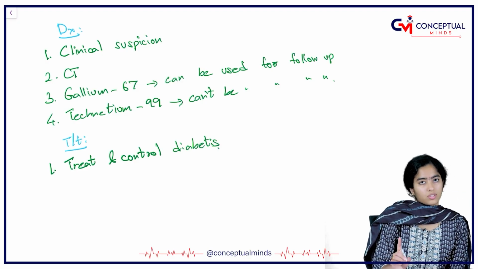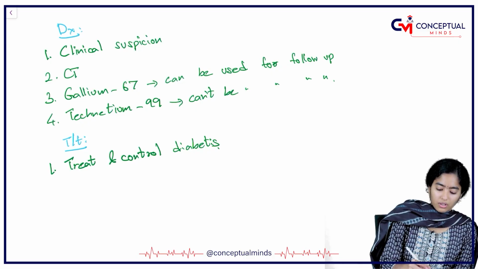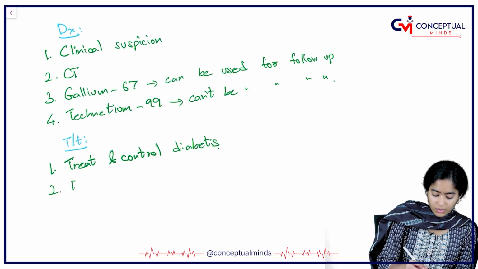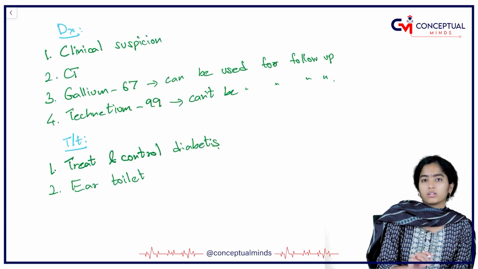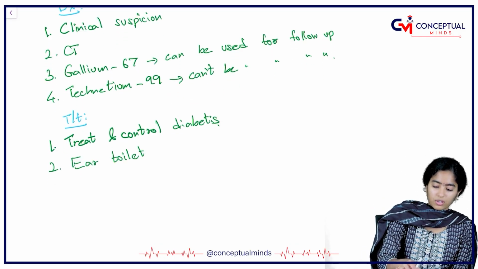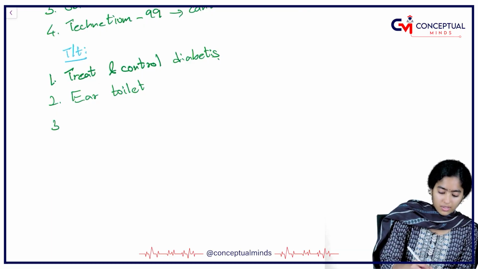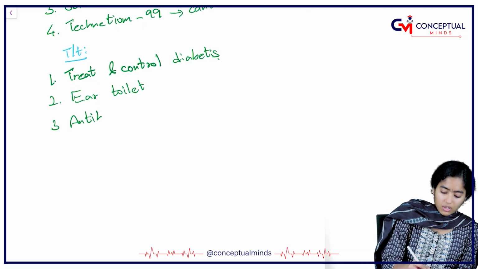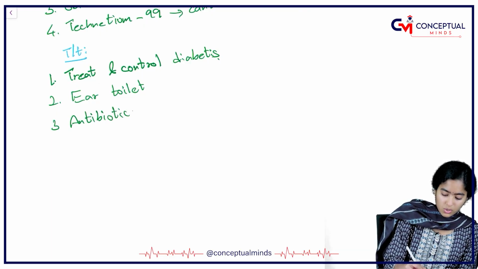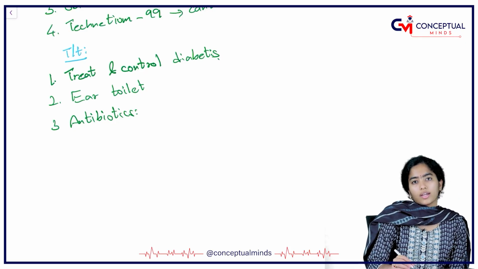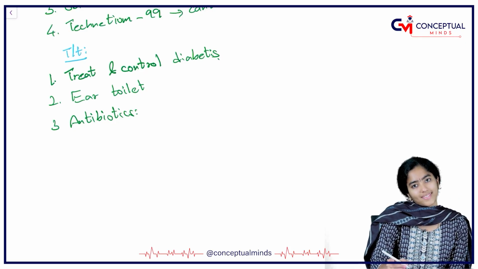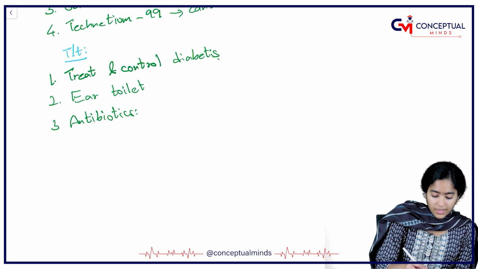That is the first thing that we have to do. And just like any other otitis externa, we are supposed to do ear toileting, clean up all the secretions, and also use antibiotics. Again, this is also by Pseudomonas, so we have to use antibiotics in combination, fluoroquinolone plus aminoglycoside, or we can also use third generation cephalosporins.